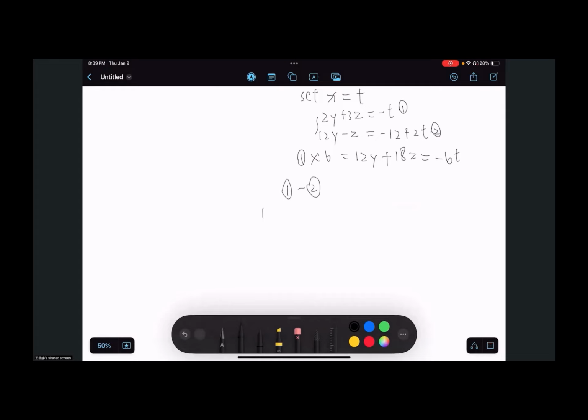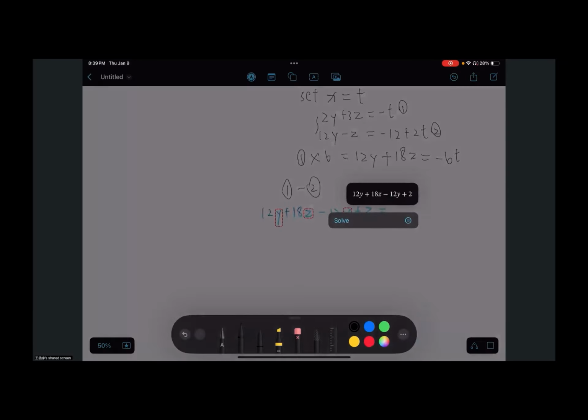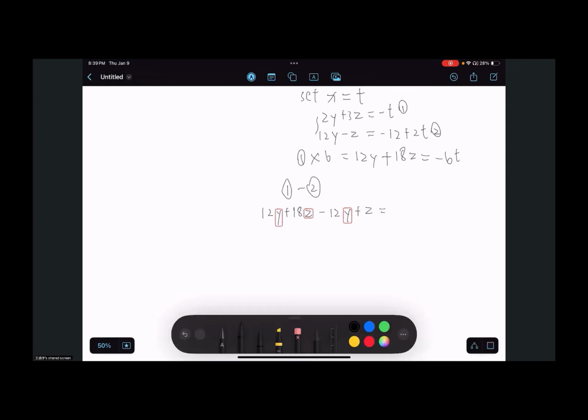So we got 12y plus 18z minus 12y plus z equals negative 6t plus 12 minus 2t. And we got 19z equals negative 8t plus 12.